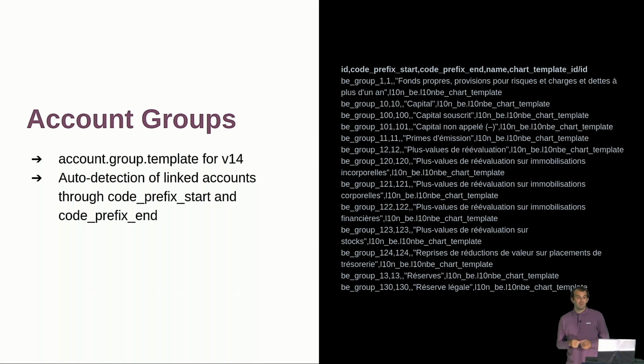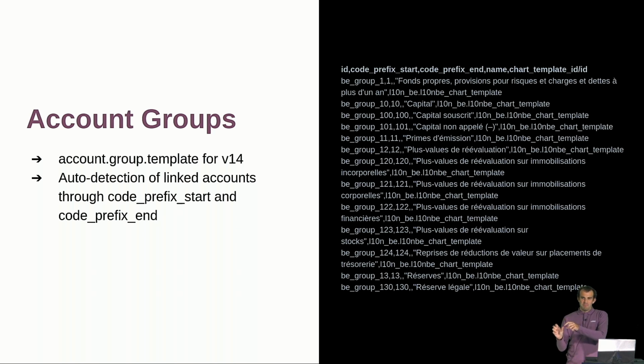Then the account groups. What are account groups? These are for aesthetical purposes. So you can have a report, and when you have an account in the report, in our localizations we only put the accounts that are at the leaves of the tree, where you put the accounting entries.